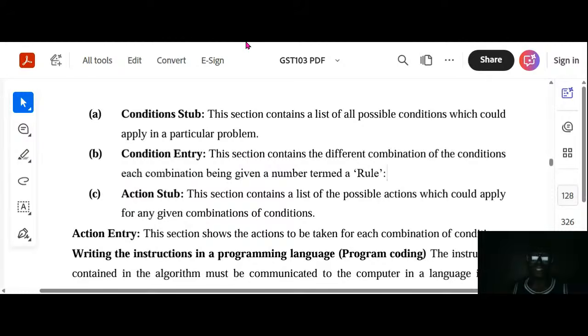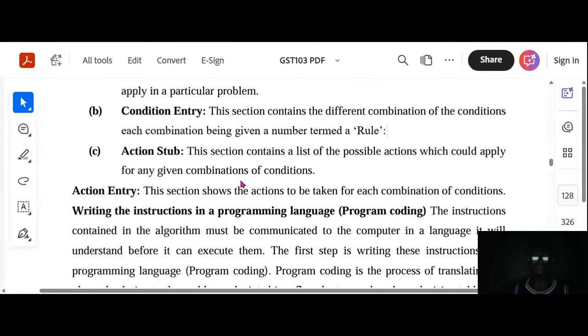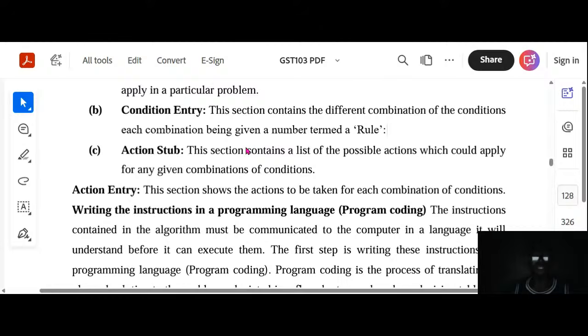So the condition entry is where you set the rules that must be followed by the different combinations of possible conditions that must be satisfied for that problem to be solved. So the condition entry is where you set the rule that, maybe, this must be combined with this, or this is going in first. So that is the condition entry.